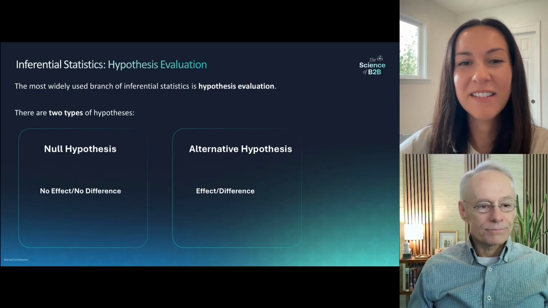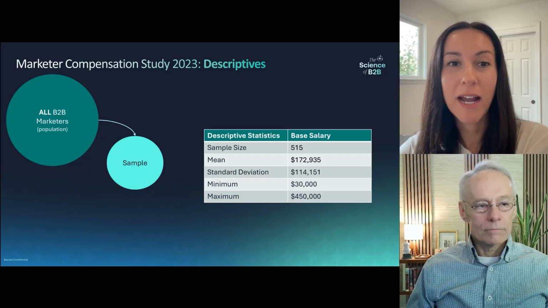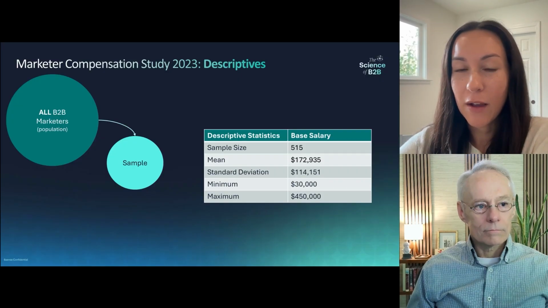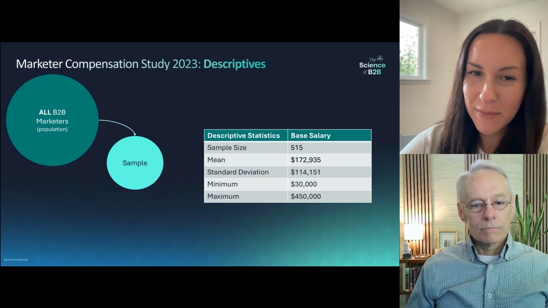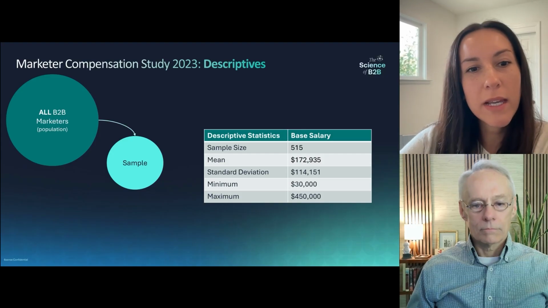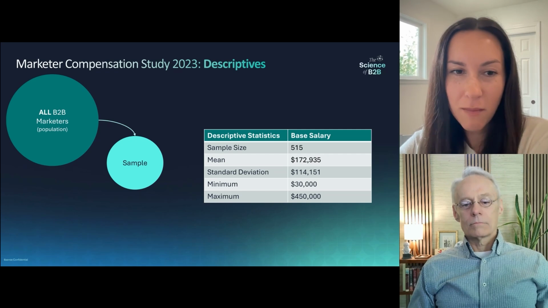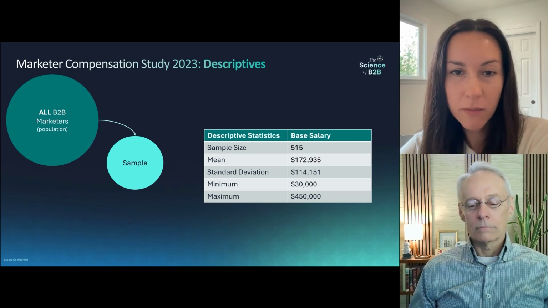That's exactly right. So if we return to an example that we looked at in the last episode, where Kerry and I did a research study to measure how much marketers are being paid in B2B. This is just simple descriptive from that study. We sampled the population of B2B marketers in North America, and 515 marketers participated.